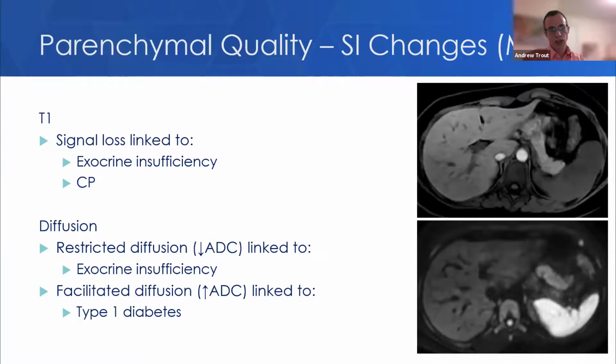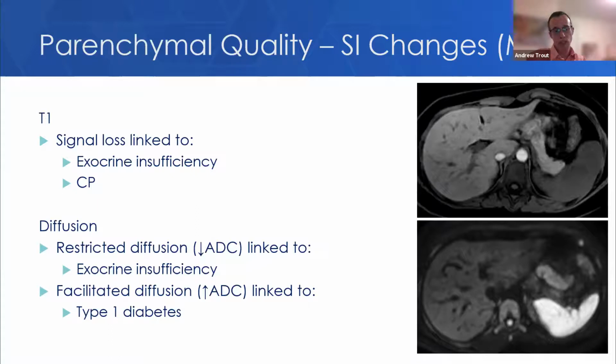So talking about signal intensity changes by MRI as a measure of parenchymal quality, the two main signal intensities that are studied in the literature are T1 weighted signal, where loss of T1 weighted signal has been linked to exocrine insufficiency and prediction of chronic pancreatitis, or diffusion weighted imaging, which is shown at the bottom here, and looks at how mobile water protons are within the tissue of interest.